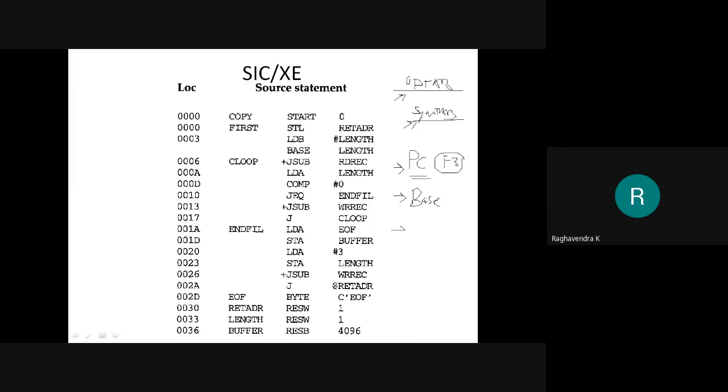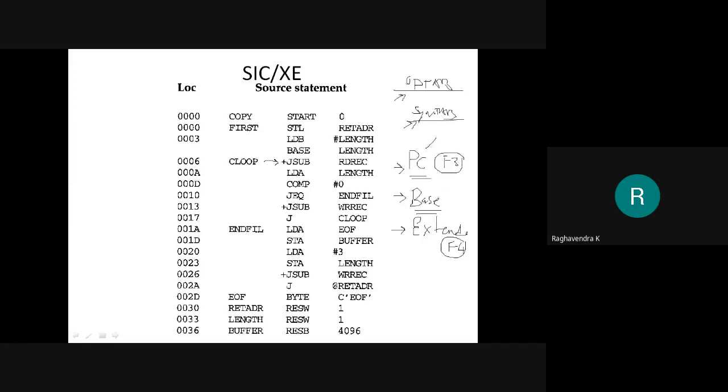If it cannot be assembled using base relative addressing mode, then we use an extended format instruction, wherever we have used format 4. Wherever we have used format 4, it means that it would not have been possible for us to assemble the instruction using format 3. That's why we have used format 4 in those specific cases. So when do we use PC and when do we use base? I have made this clarification.